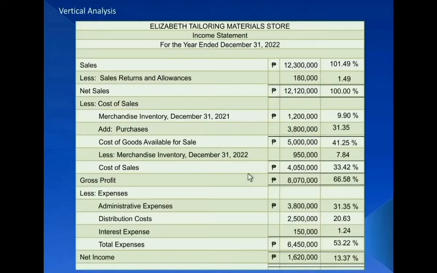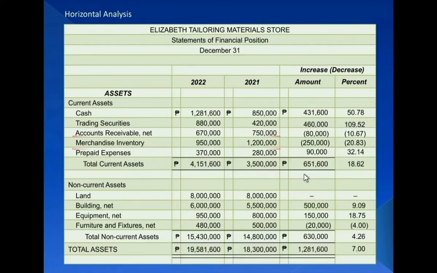Now, Elizabeth Tailoring's cost of sales for 2022 is 4,050,000. Its merchandise inventory at the beginning of that year is 1,200,000, while the ending figure stands at 950,000.